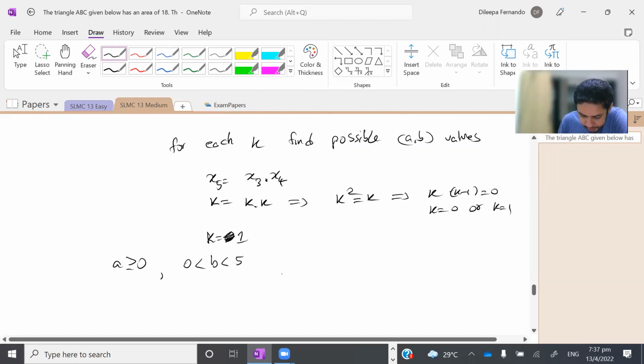When k equals 1, you know that x3 equals ab, so ab equals 1. Since a and b are integers, both are positive, it must be the case that a equals b equals 1. So (1, 1) is one possible answer.